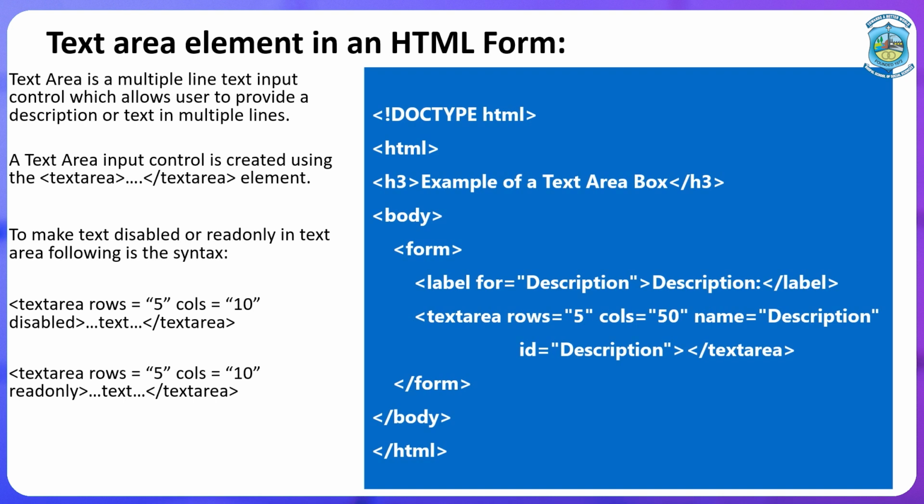Next is the text area element in an HTML form. Text area is a multiple line text input control which allows the user to provide a description or text in multiple lines. With the help of the text area tag, a multiple line description or instructions or any information can be given. With text area, there are two attributes that can be used, rows and columns, and the text area can be disabled or it can be read only for the user.